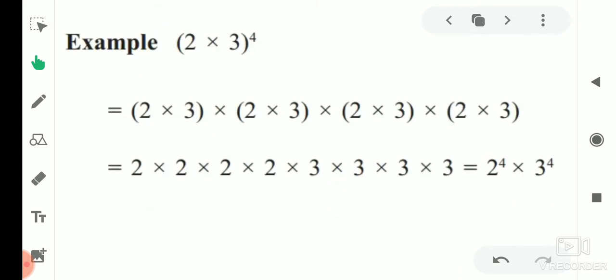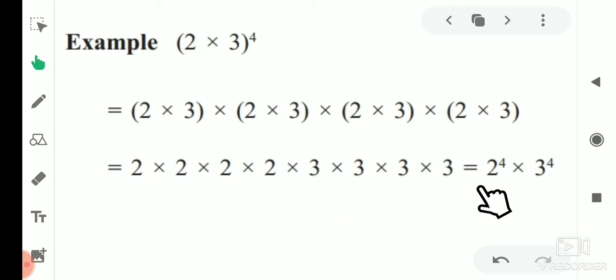Let's see one example of the product of two numbers, 2 into 3 raised to the power 4. Here the bracket means whole, 2 into 3 whole to the power 4. Raised to power 4 means 2 into 3, into 2 into 3, into 2 into 3, into 2 into 3, 4 times. Now we will separate 2 and 3: 2 into 2 into 2 into 2, 4 times, into 3 into 3 into 3 into 3, 4 times.